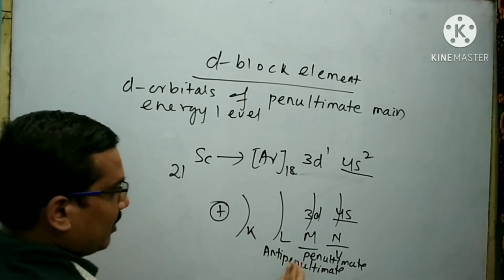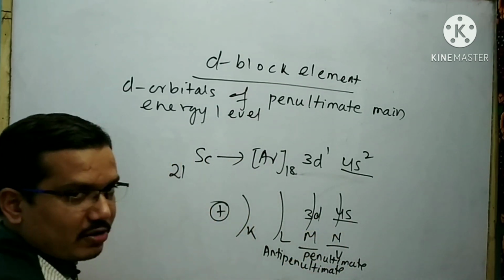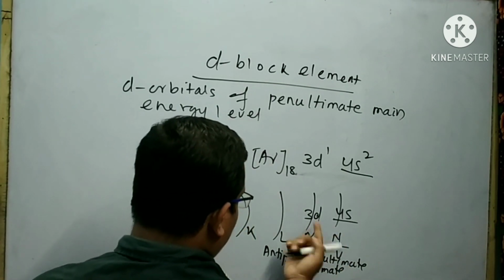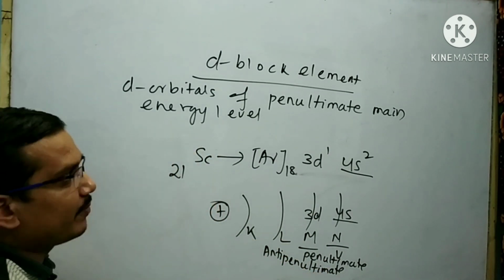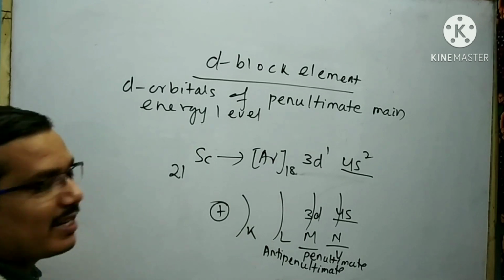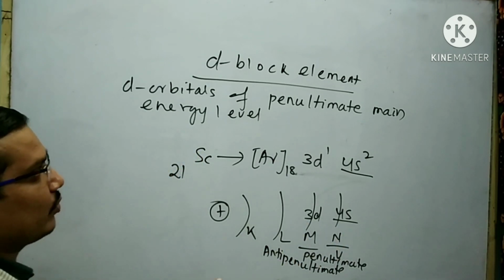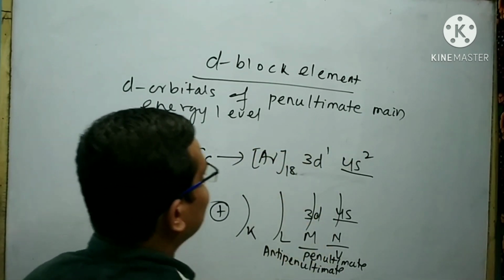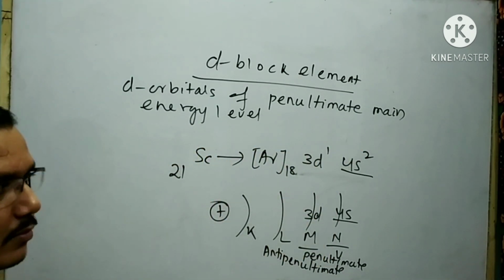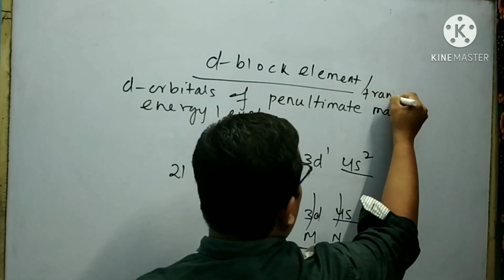That means the shell before the valence shell is called the penultimate shell, and the shell before the penultimate shell is called the antepenultimate shell. So d block elements are the elements whose last electron enters into the d orbitals of the penultimate energy level.